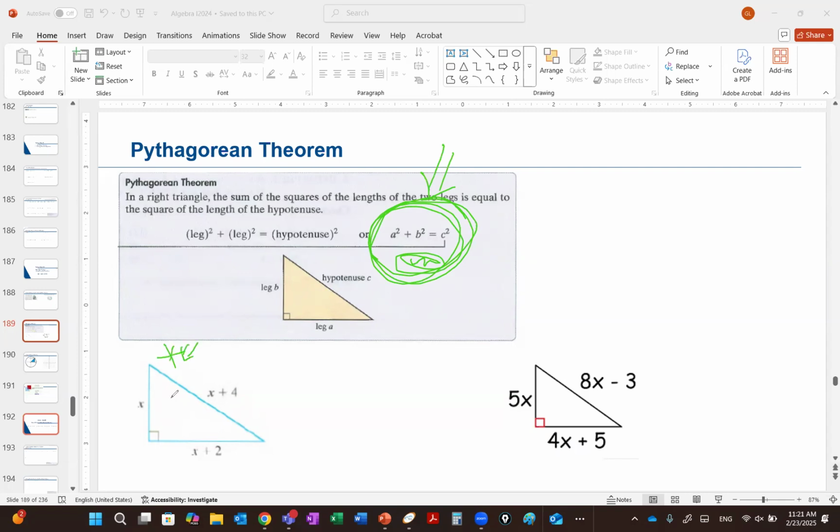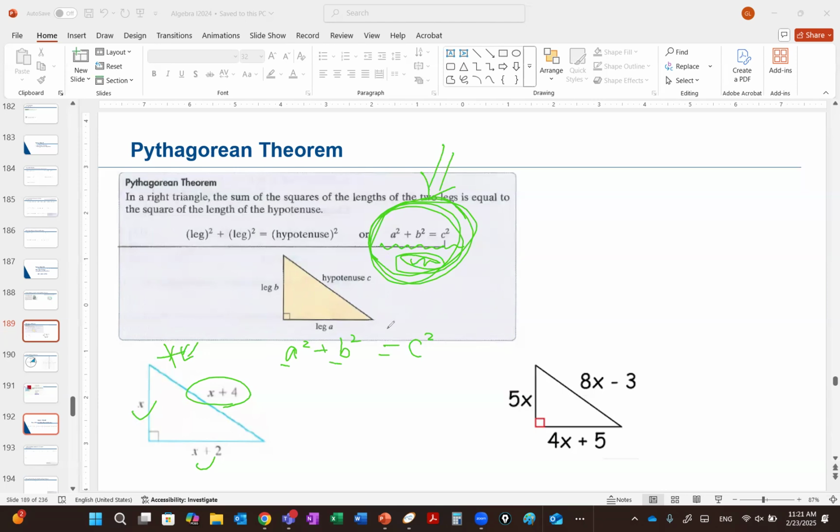So this is the two legs. One leg is x. The other leg is x plus 2. And the hypotenuse is x plus 4. So first we need to build a relationship between them, right? So a squared plus b squared, the two legs, equals c squared. Let's just replace them.